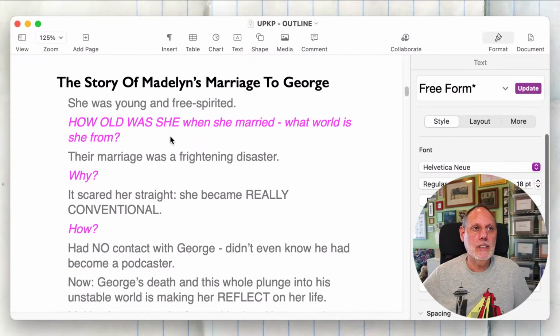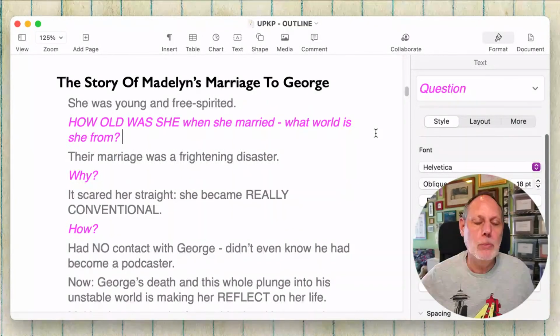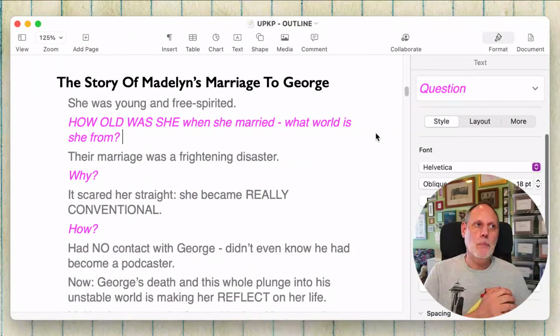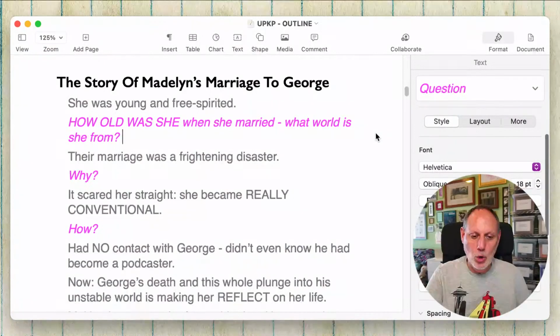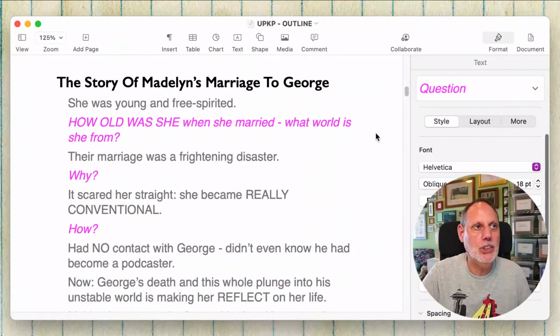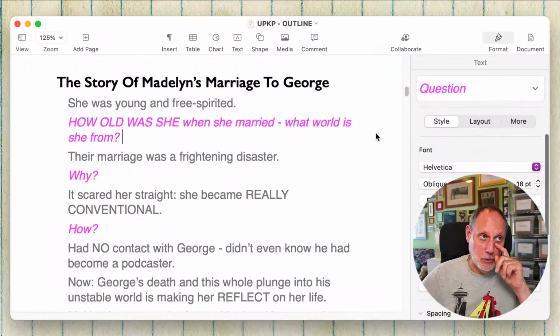So one of the first things I did was I thought about Madeline, who Madeline is, what she wants. And I tried to figure out what we knew about her from her past, from her marriage to George, the dead podcaster. So I started to ask myself questions. I knew that at the point that we meet her, she needs to be rather unhappy with her life.